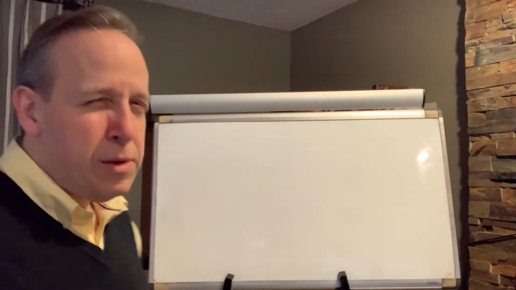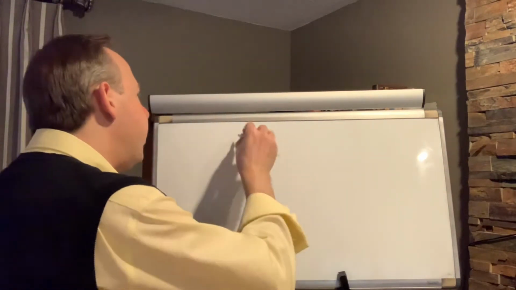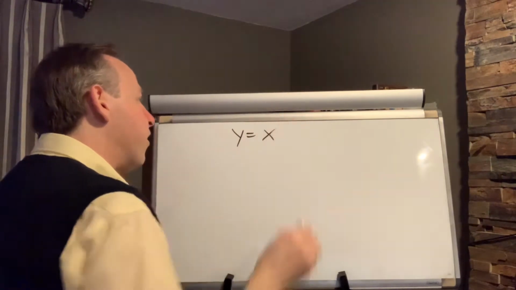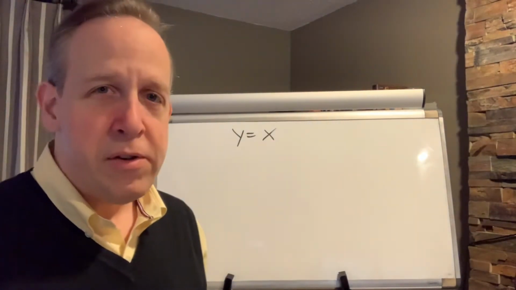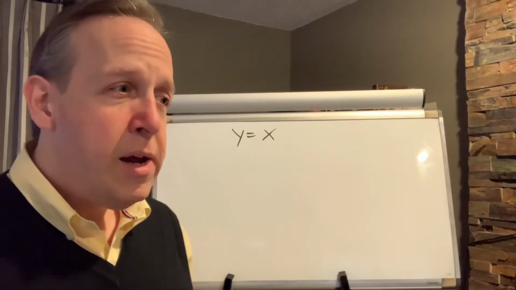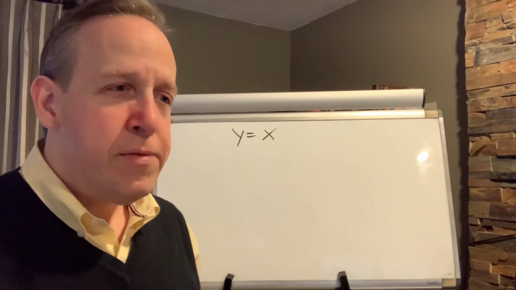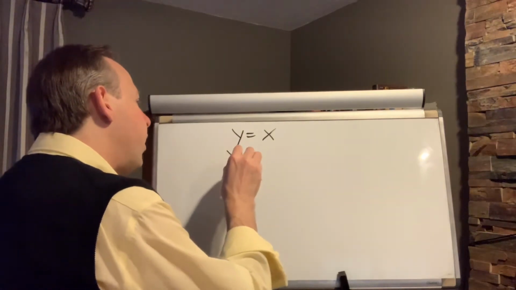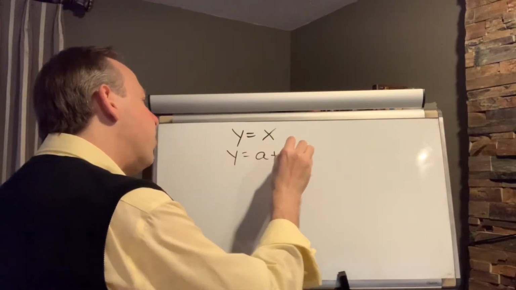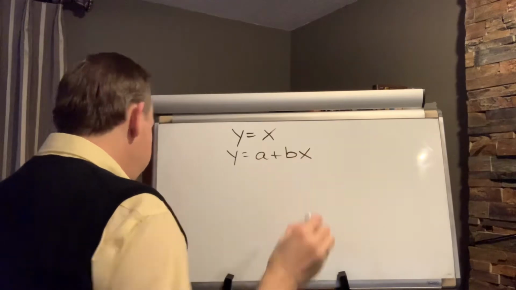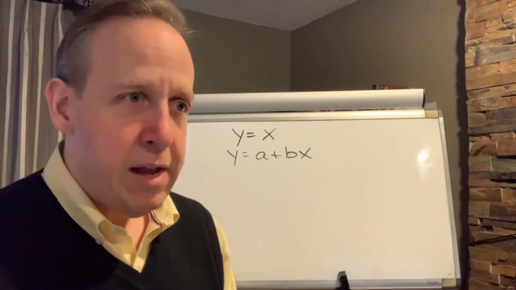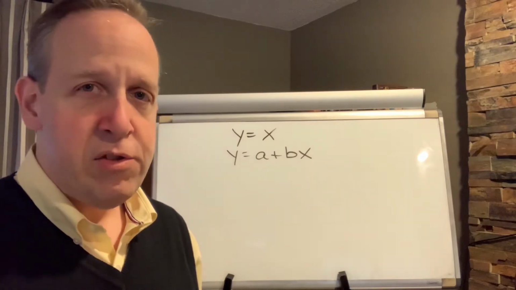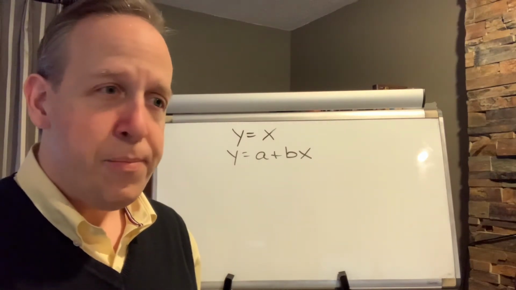Here's basically what it means. If I have, let's say, a relationship where y equals x, that's the parent function of a linear equation. If I want to transform it, I want to change it, I can use this equation, which we've already established in statistics is basically, again, a linear equation where A is the constant shift and B is the multiple shift.